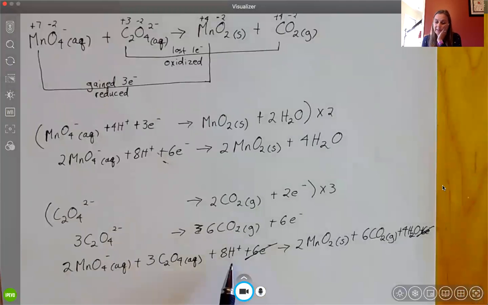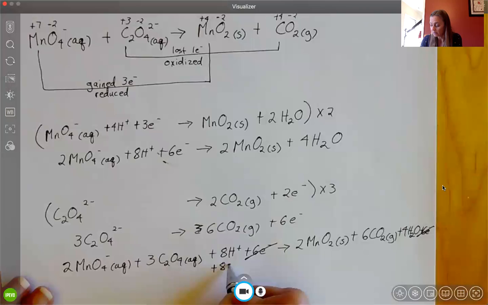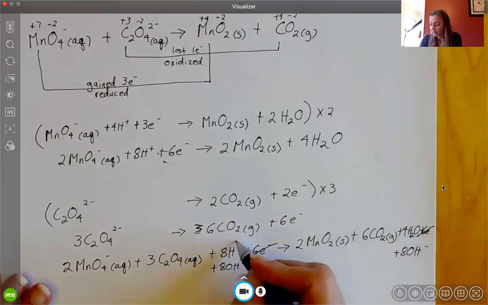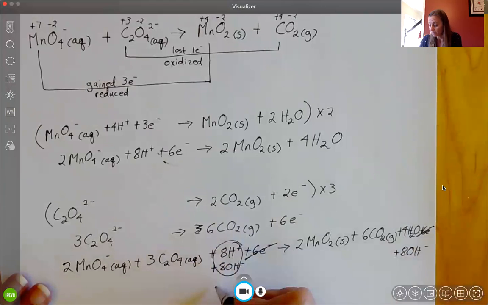There are not free hydrogen ions floating around in basic solution. So what we're going to do is however many hydrogen ions we have, we're going to add that many hydroxide ions to both sides. Now, 8 hydrogen ions and 8 hydroxide ions become 8 waters.